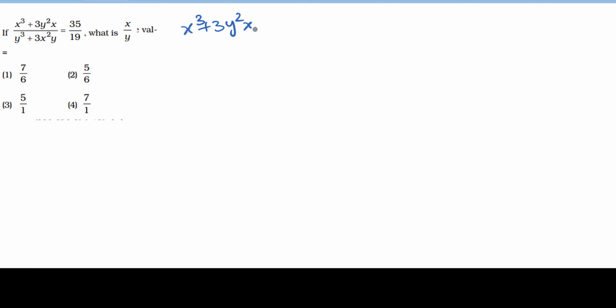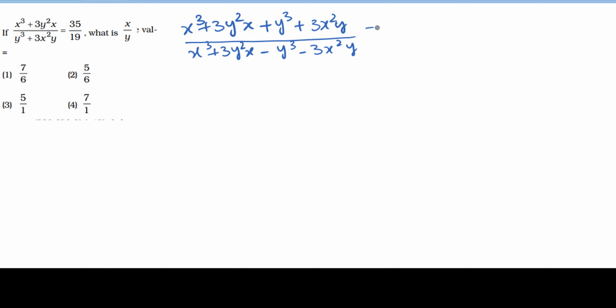x cube plus 3y square x plus y cube plus 3x square y by x cube plus 3y square x minus y cube minus 3x square y.